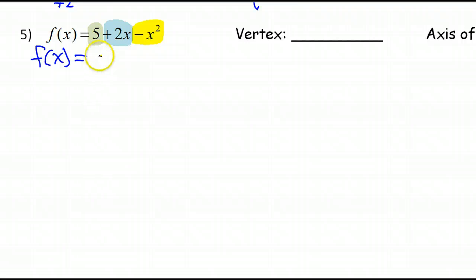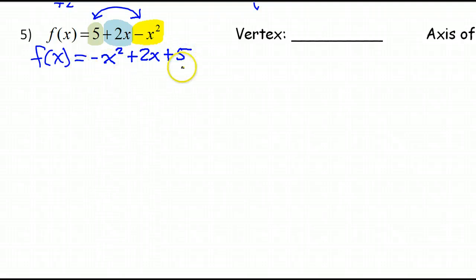Okay, so when I rewrite it, I basically need to switch these two. The x squared term has to go first, and the constant has to go last. So I'm going to have negative x squared. The 2x just stays in the middle, so plus 2x. And the 5 goes on the end, so I'm going to put a plus 5. This is the proper order of things.